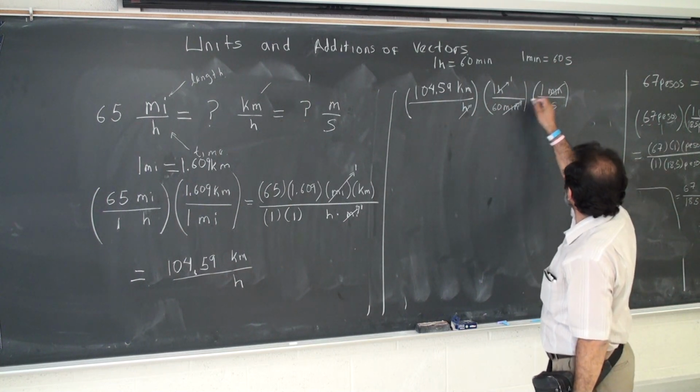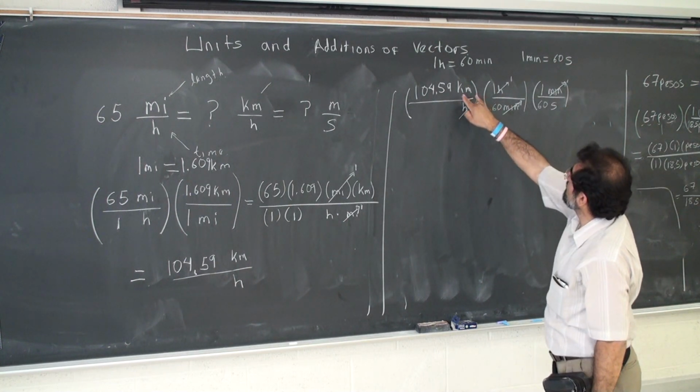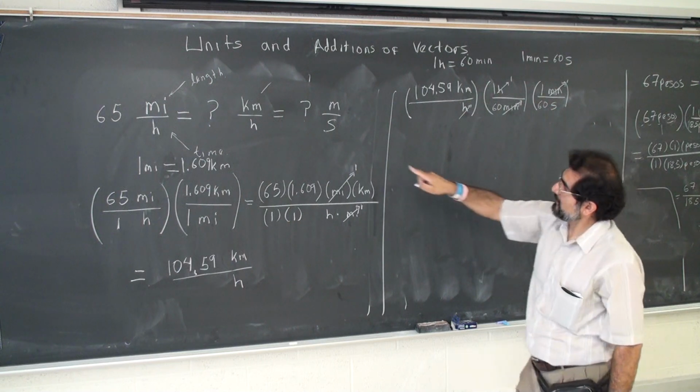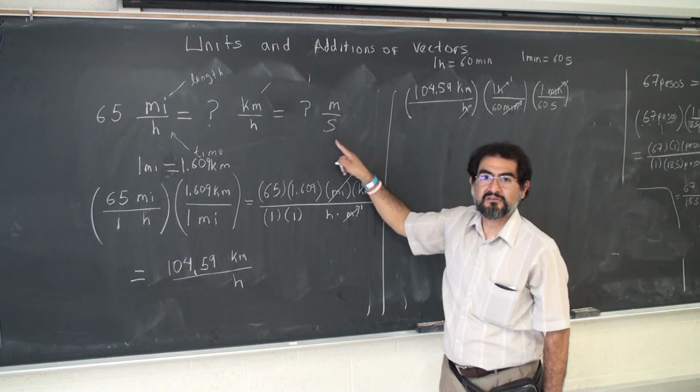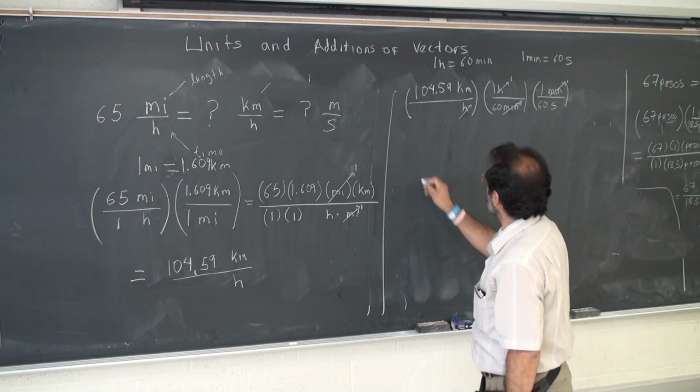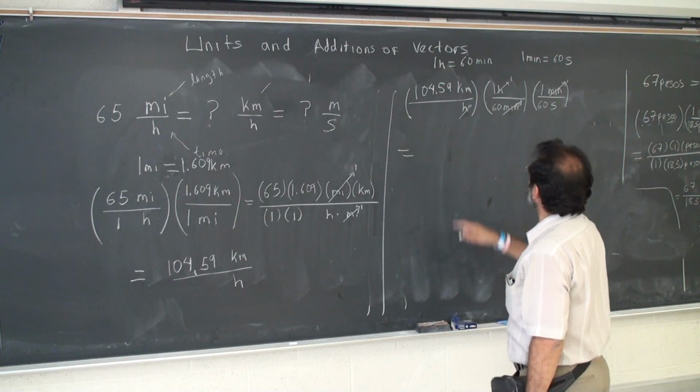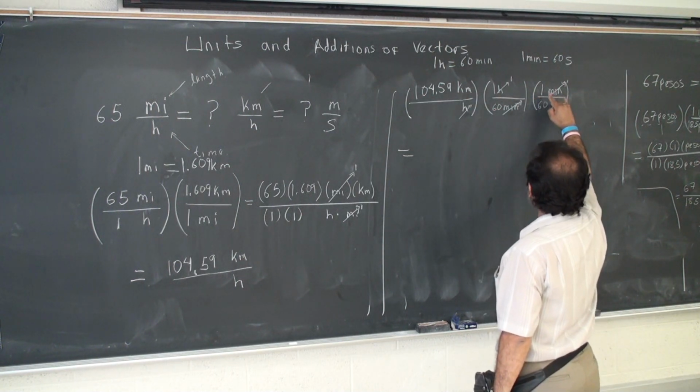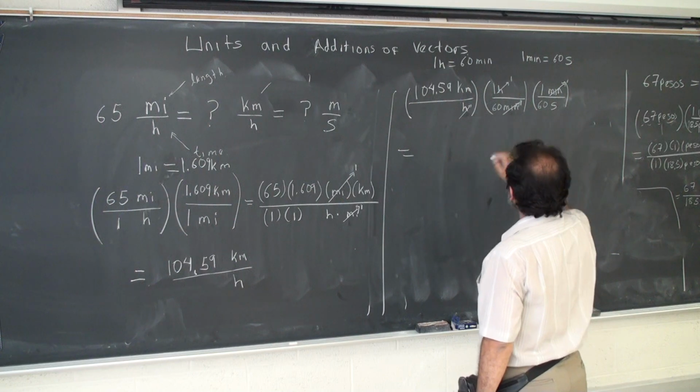Perfect. This is going to be 1, and I'm going to have kilometers per second. I have the units, the first part that I want. I'm going to multiply all the numerators, and I'm going to multiply all the denominators.